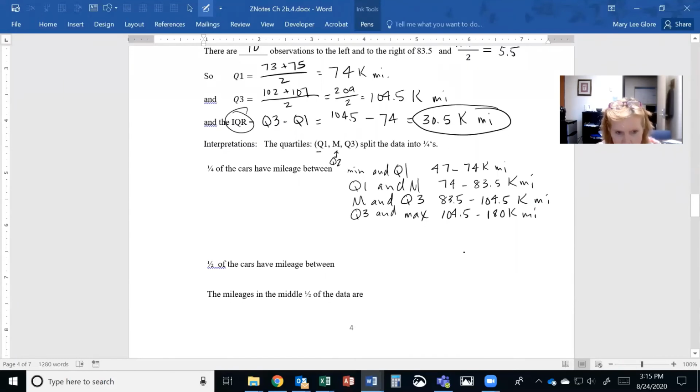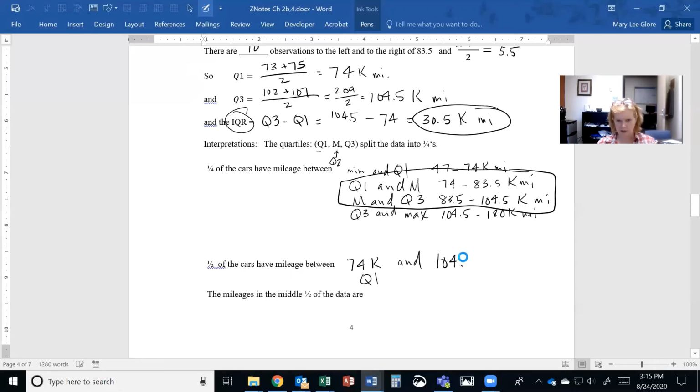So if I look at the middle half, that's going to be these values right here. The middle half of the data is going to be between Q1 and Q3. So that's going to be between 74,000 miles, which is Q1, and 104.5, which is Q3.